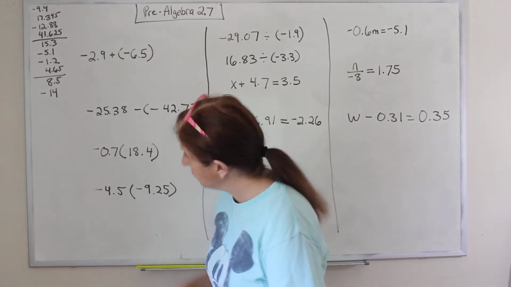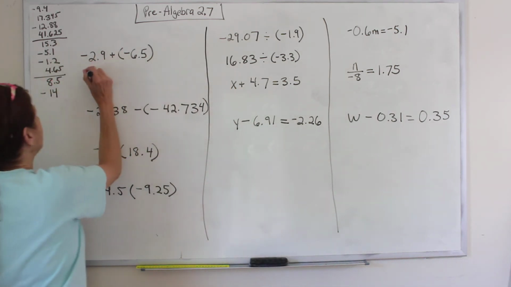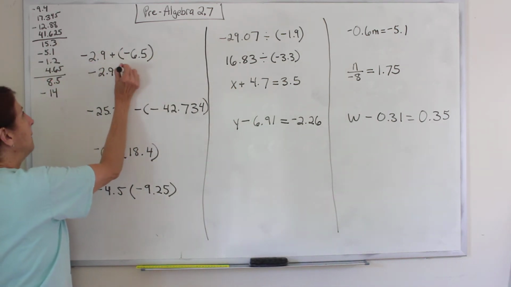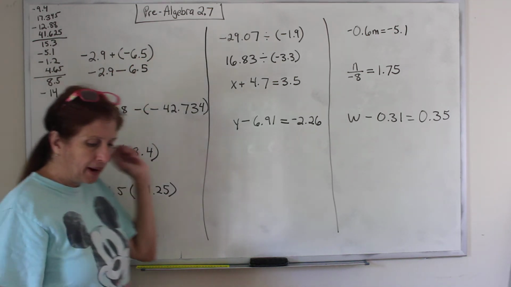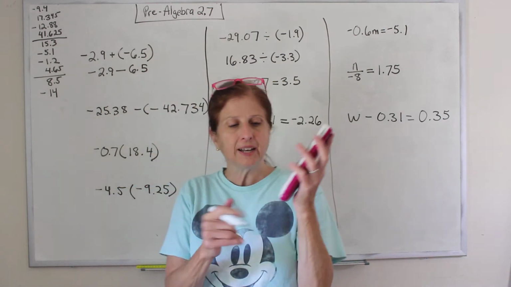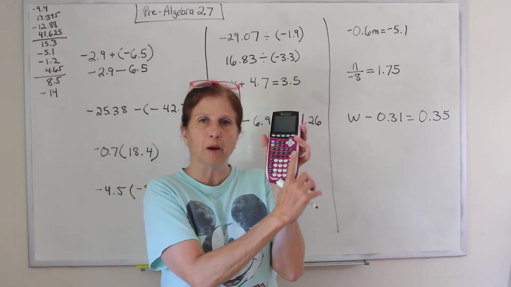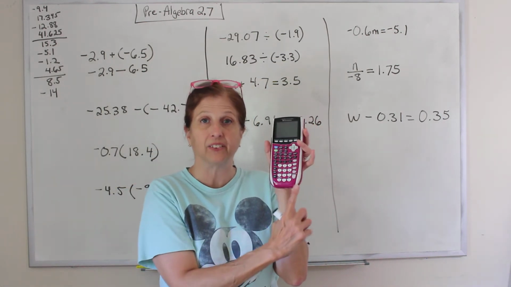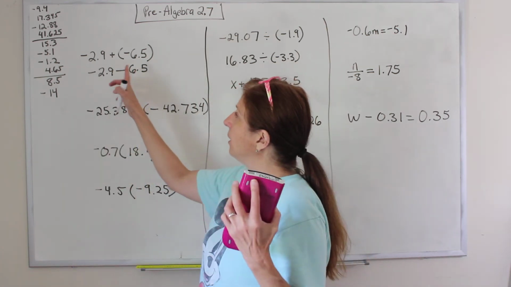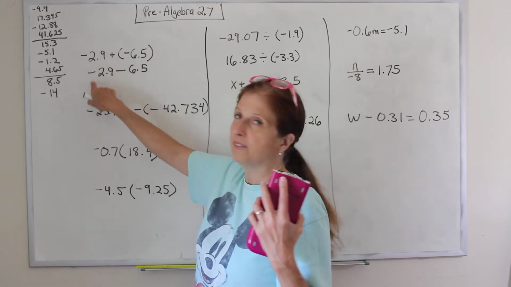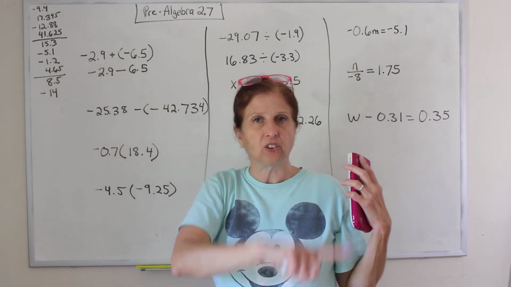If you can change this problem to negative 2.9 minus 6.5, then that's a minus sign in the middle. If the minus sign is in the middle, you use it from over here on the edge where plus is. And how you remember that is minus and middle both start with the letter M. Negative is at the beginning, and it does not start with the letter M.